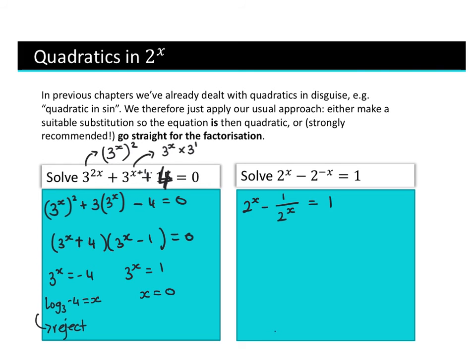So I'm going to have 2 to the power of x squared minus 1 equals 2 to the power of x. Rearrange everything: 2 to the power of x squared minus 2 to the power of x minus 1 equals 0.